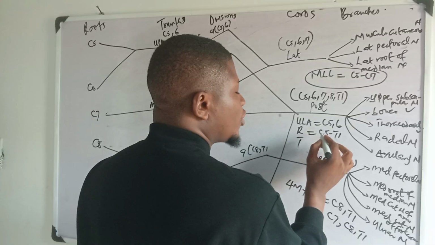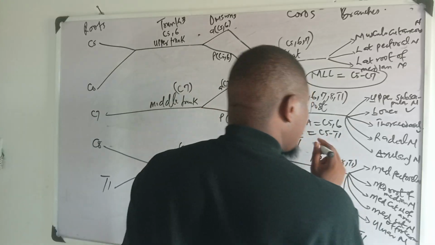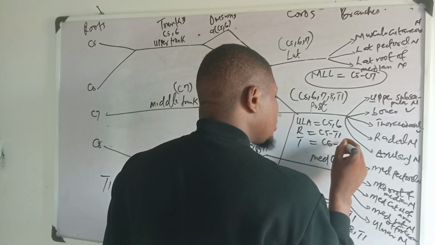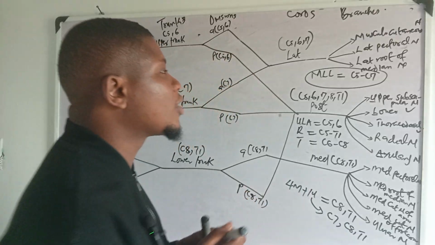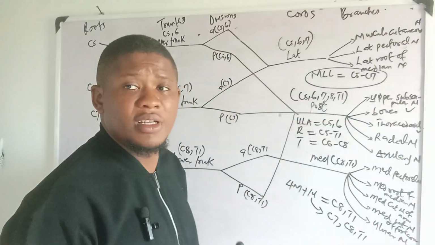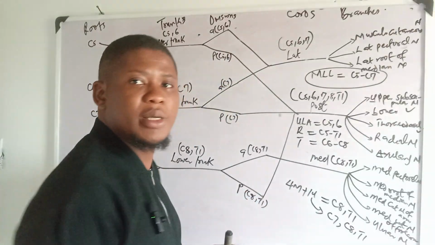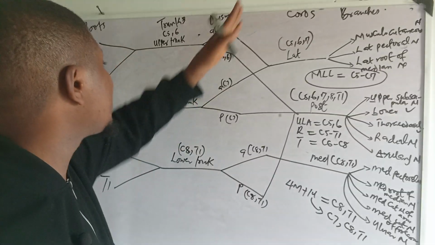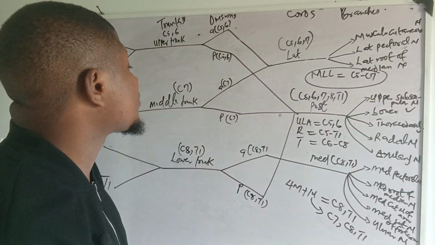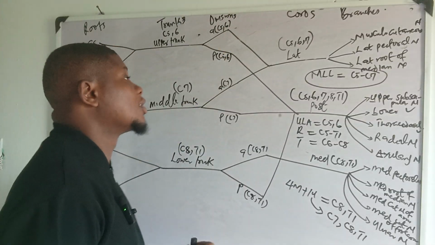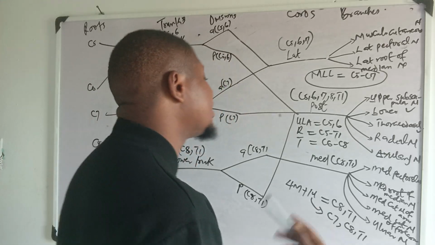What is in between C5 and T1? C6 to C8. So this is how to remember all the nerve roots. Let me recap again. It's very simple. All the branches from the lateral cord have the same nerve root, C5, C6, C7.